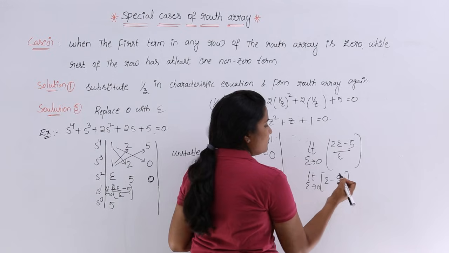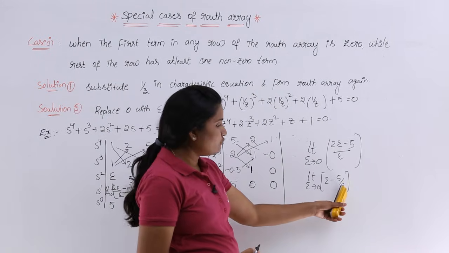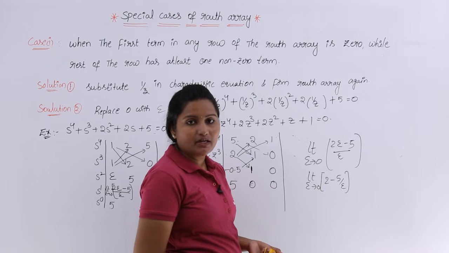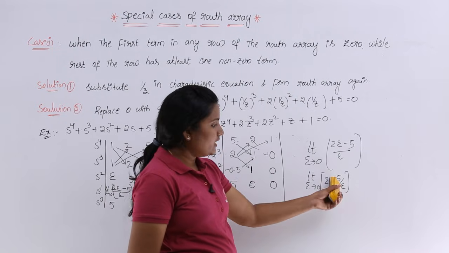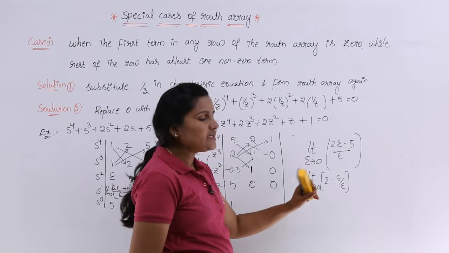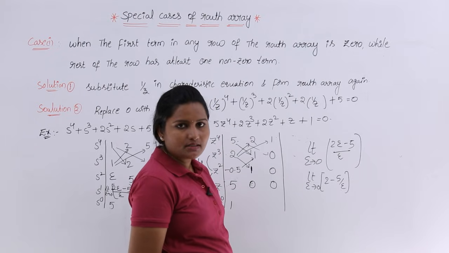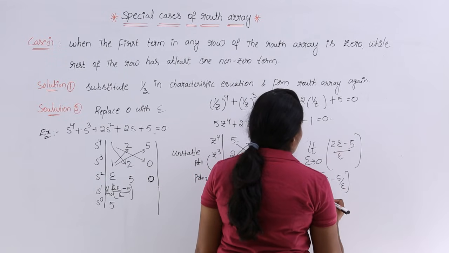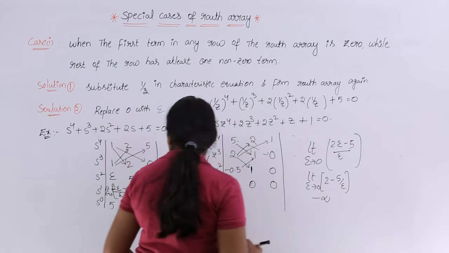So if sigma is equal to 0, then 5 by 0 is infinity. In front of that is a minus, so minus infinity. So here you are having minus infinity at this point.